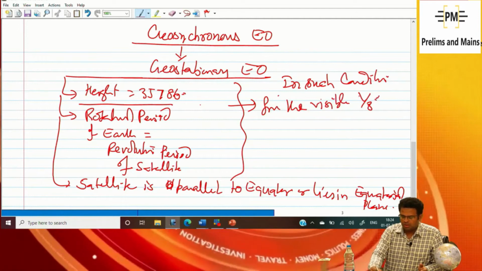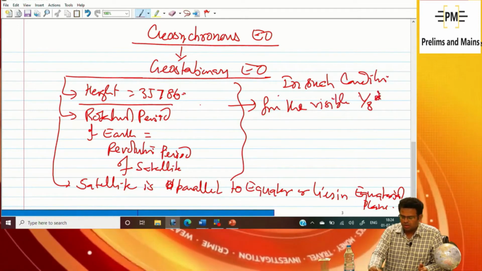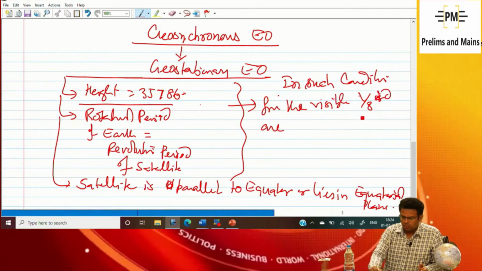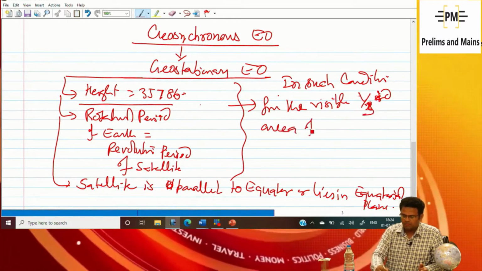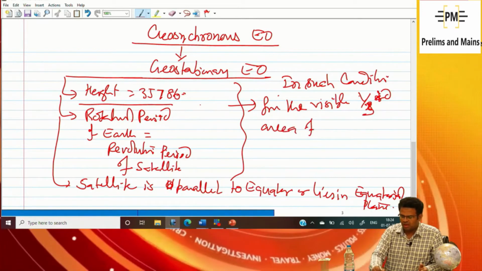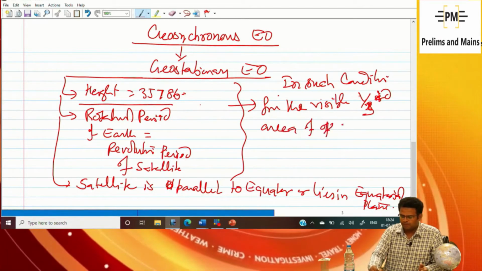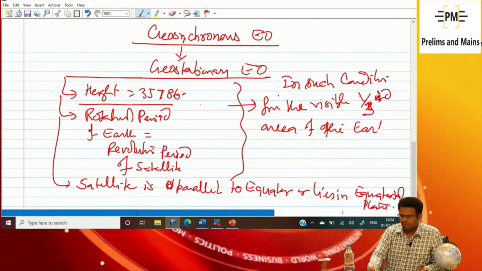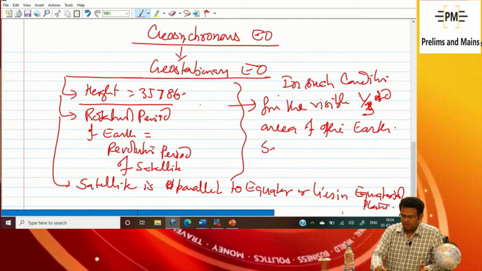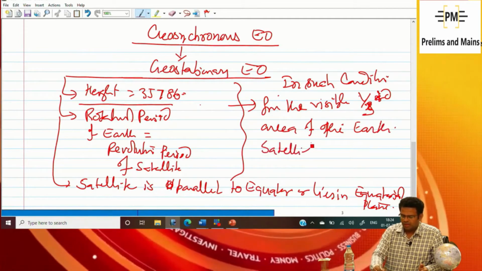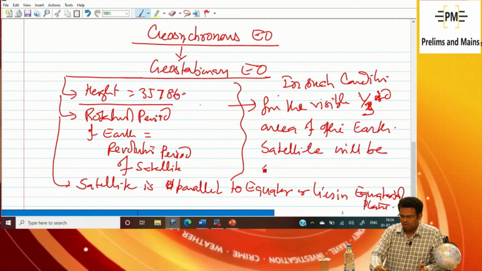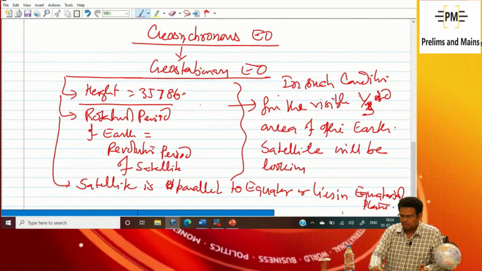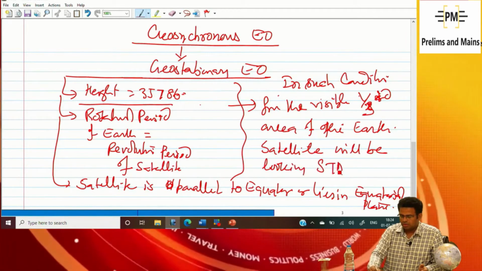In such a condition, from the visible one third area of the earth, the satellite will be looking stationary.